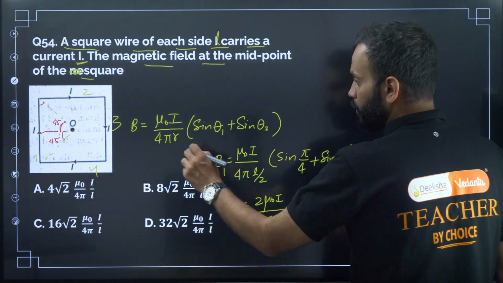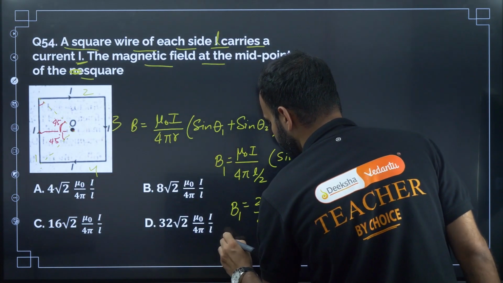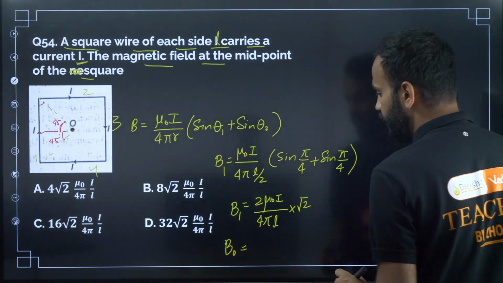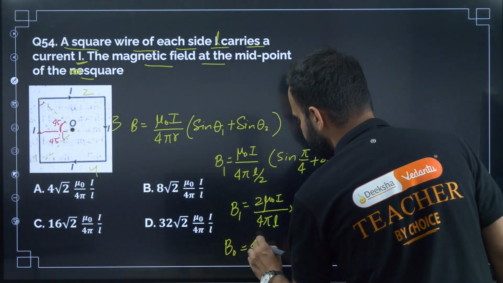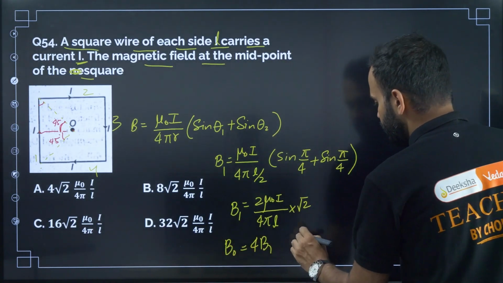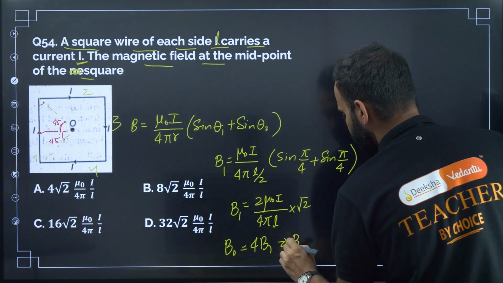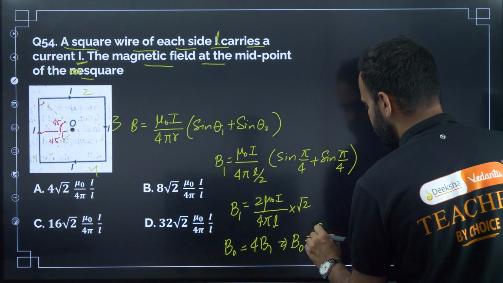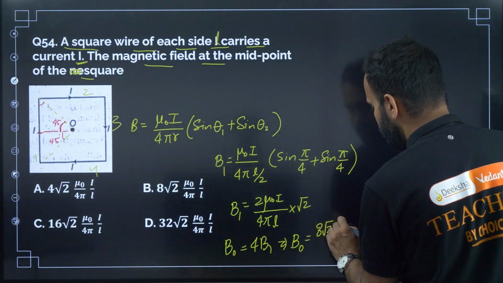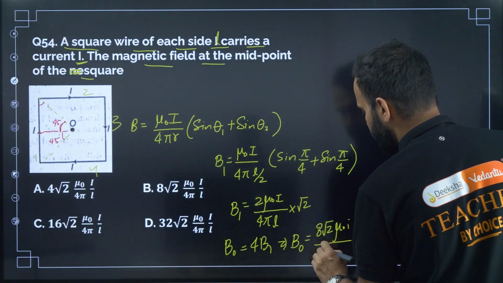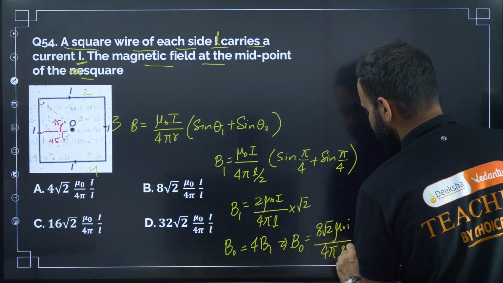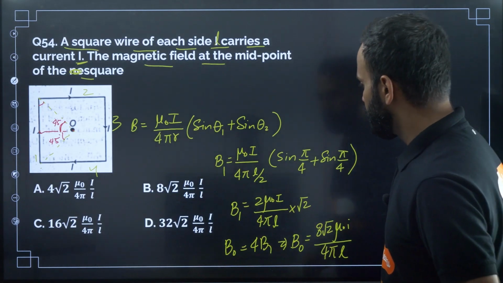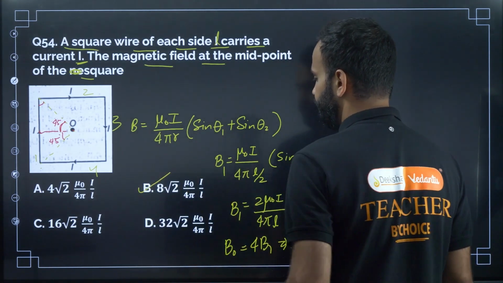So the net magnetic field at O will be equal to 4 times B1. So B naught is equal to 4 into 2 is 8, 8 into root 2 into mu naught I divided by 4 pi L. So the correct option is B.